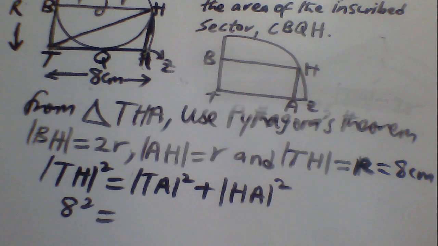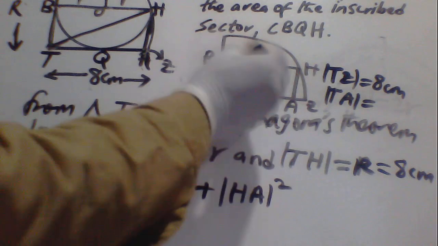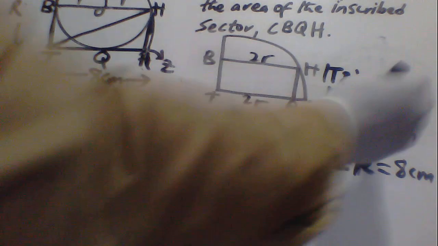So in this case, TZ is equal to 8 cm, which is the radius of the quarter circle. TA is equal to BH, which is equal to 2r. So here is equal to 2r.